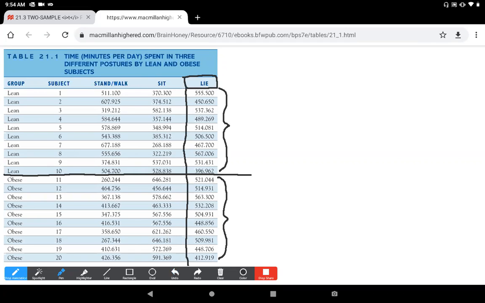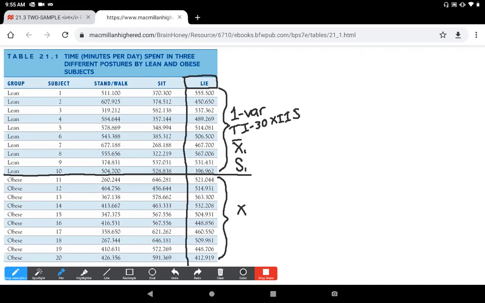In one go round, I did the one bar in the TI-30, and I got the x bar and s from here. We'll call this x bar 1 and s1.